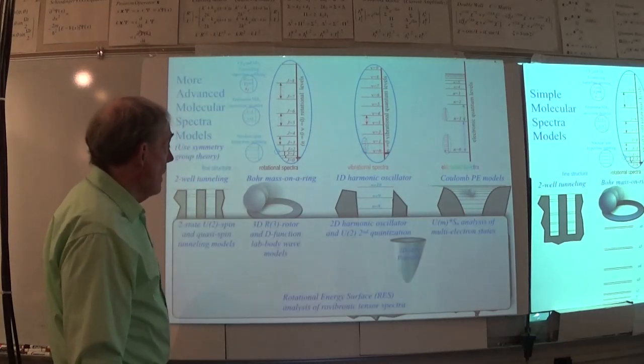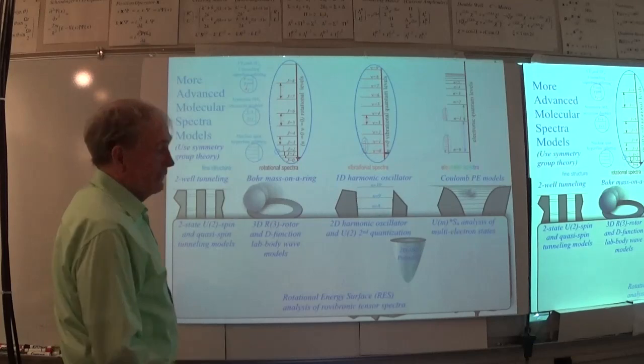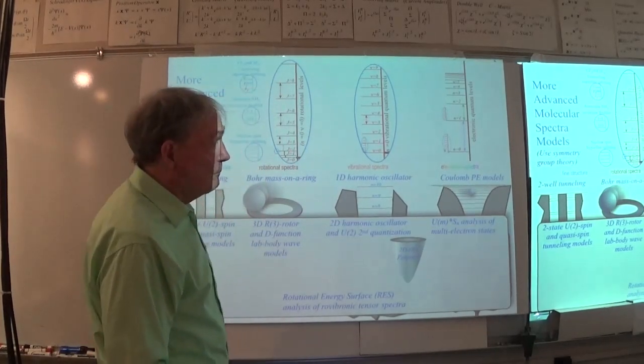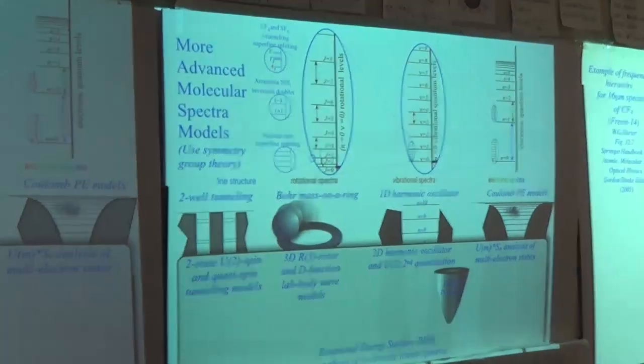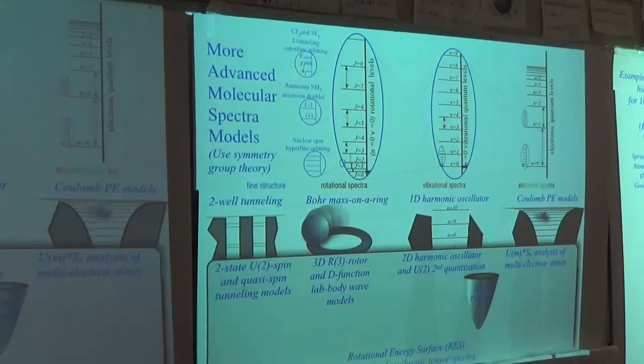Okay, so the basic theory that you're using is stated there. Harmonic oscillator, linear spectrum. Rotor, quadratic spectrum. And then it gets complicated when you put two of these next to each other and let some tunneling happen. And that's a big part of the fine structure of these molecules.